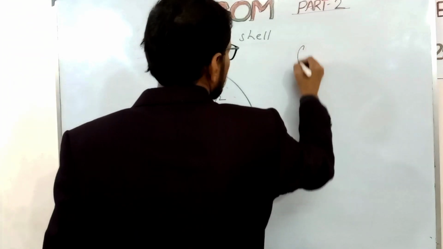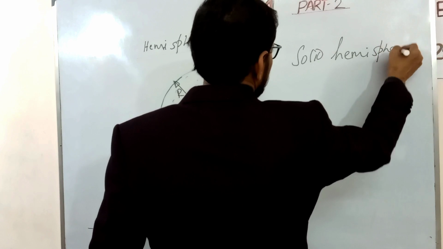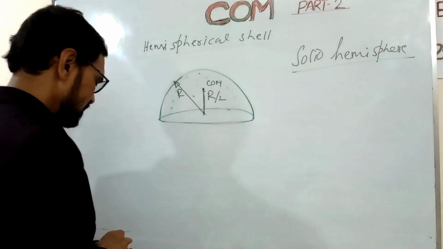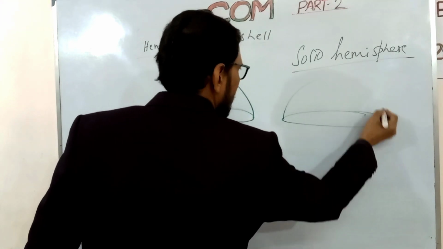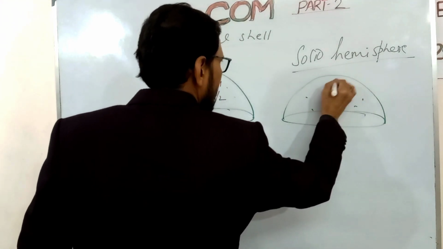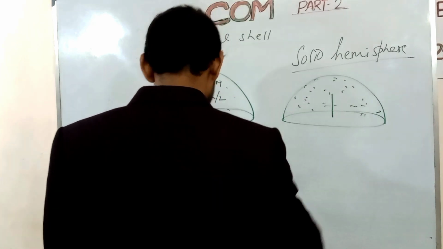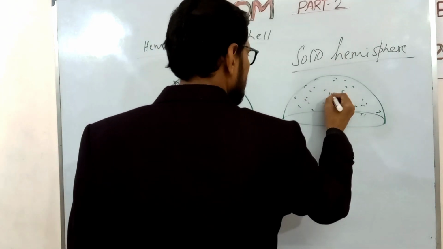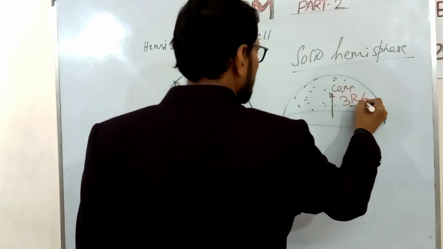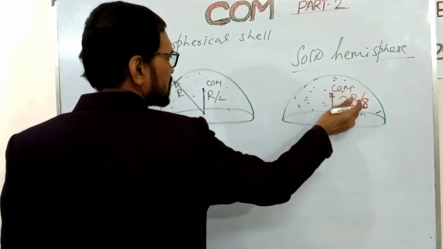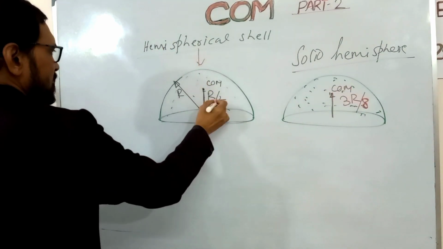Now for a solid hemisphere, this distance will be 3r by 8. What is the formula? 3r by 8. For a solid hemisphere, this location is 3r by 8. For a hemispherical shell, the center of mass is r by 2.